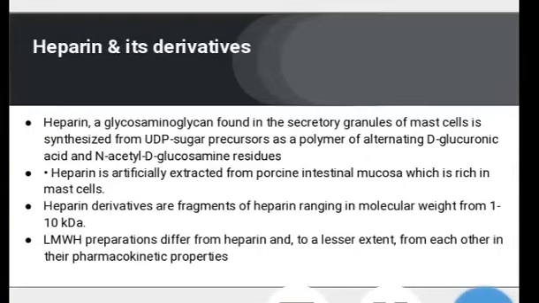Now heparin is a drug which acts on antithrombin 3. This antithrombin 3 is a molecule which is synthesized in the liver and circulates in the plasma. It acts against thrombin. It inhibits activated thrombin along with activated factor 10 and activated factor 9.